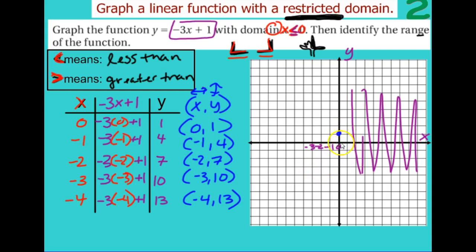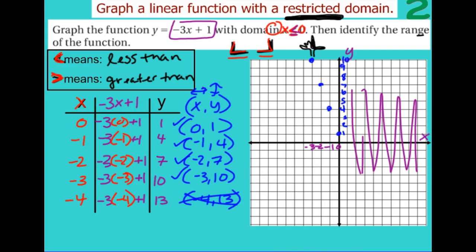Then x is -1 to the left, and then up 4, positive 4. We plotted that. Then we have -2 to the left, and up 7, 5, 6, 7. -3 to the left, up 10, which is right at the top. So that means I can't even plot this last one, and that's okay.